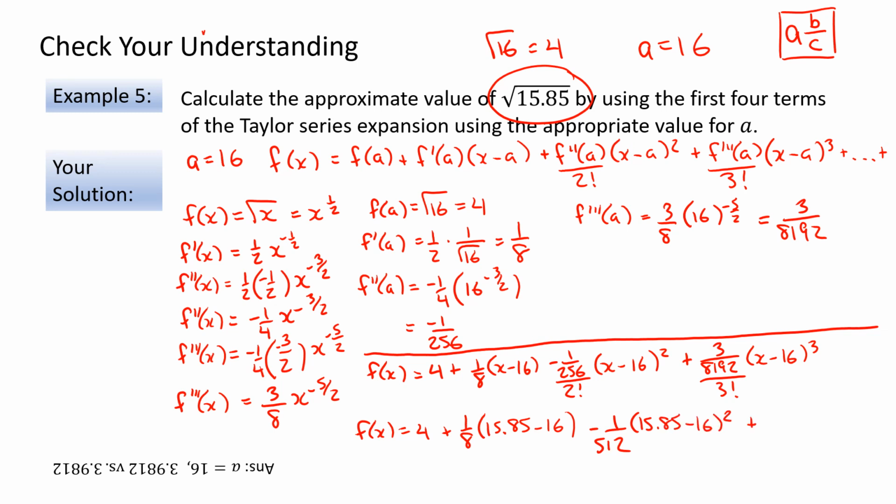And our last term becomes this massive number, okay? 1/16,384. Again, almost becoming obsolete in this calculation. And that's kind of what I'm trying to show you with the fourth term. That's multiplied by, sorry, not x, 15.85 minus 16 cubed.